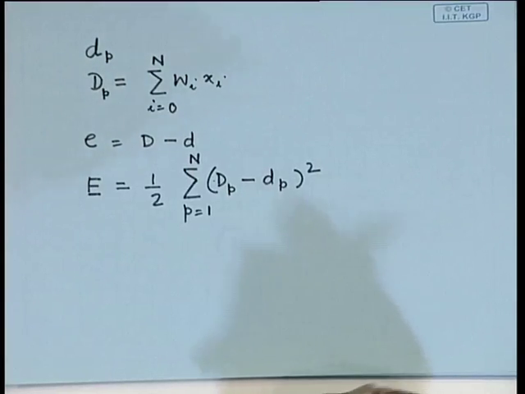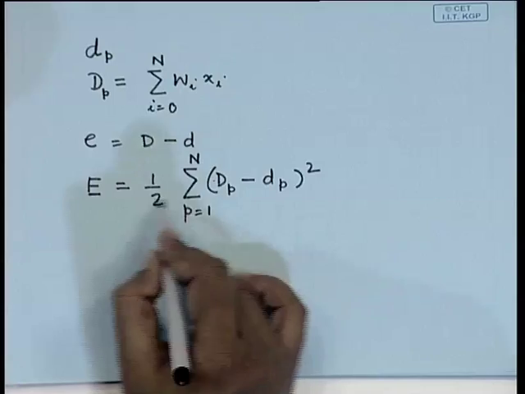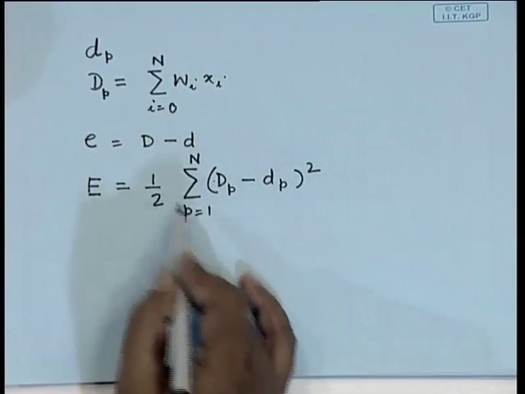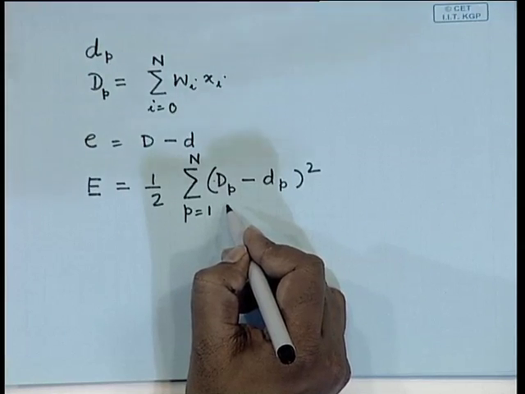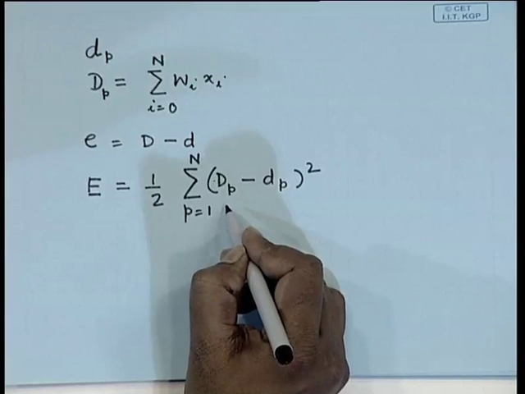So, for every sample I will have an error. Take the summation of the square of the error, which gives you the sum of squared error. Out of this you find that this sum of squared error is actually a function of w, where w is the connection weight.